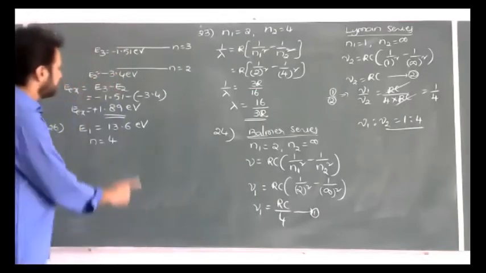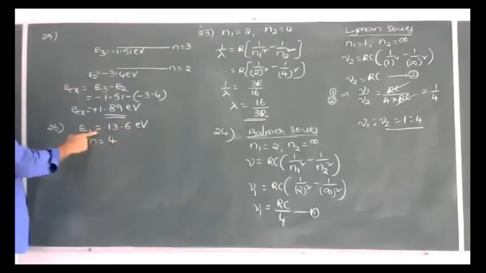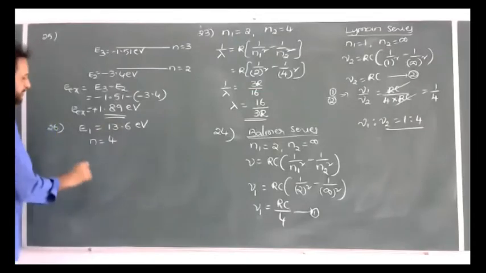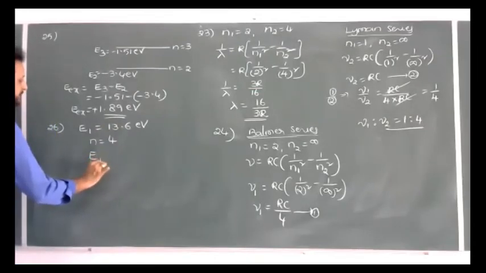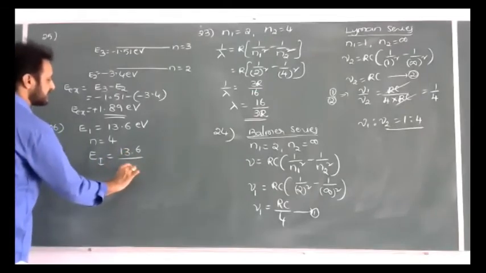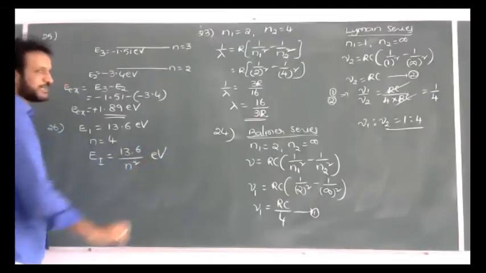Now in the first orbit, if you want to remove the electron, 13.6 is required. From the fourth orbit, how much energy is required? We know the ionization energy formula, 13.6 by n square electron volt in case of the hydrogen atom.